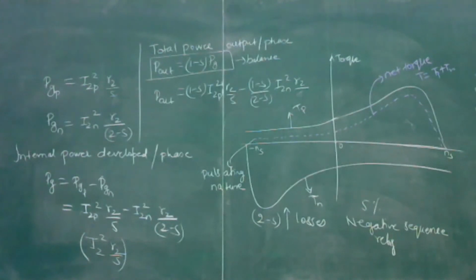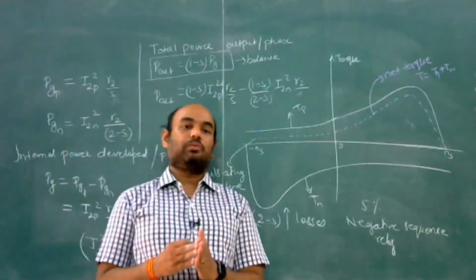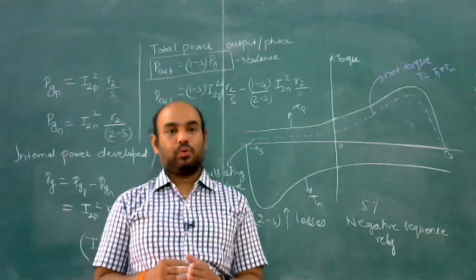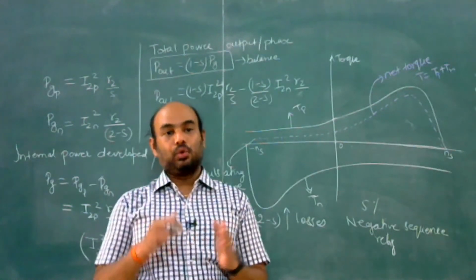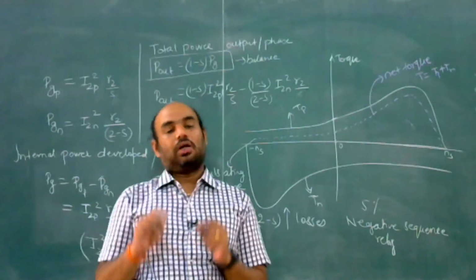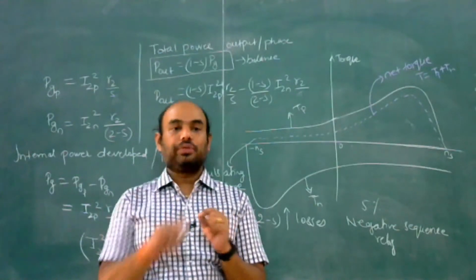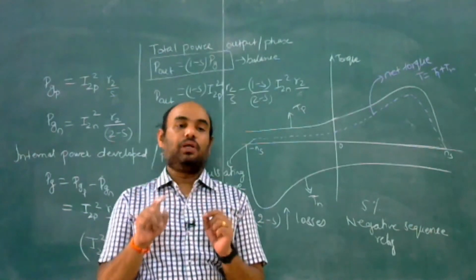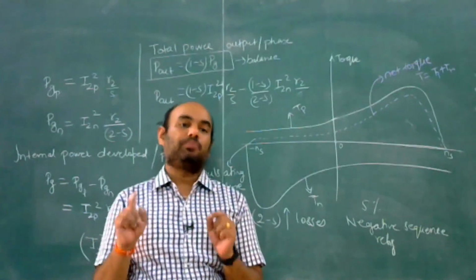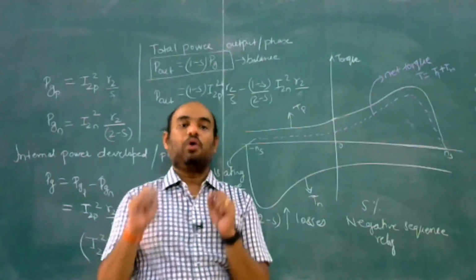So these are some disadvantages when a three-phase induction motor is connected to unbalanced voltage supply. Due to negative sequence component of voltage, MMF will be produced in the air gap, which will rotate in the reverse direction of the synchronous speed, which is produced due to positive sequence component of the voltage.